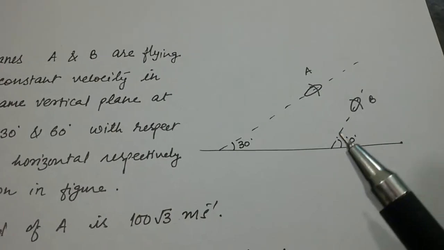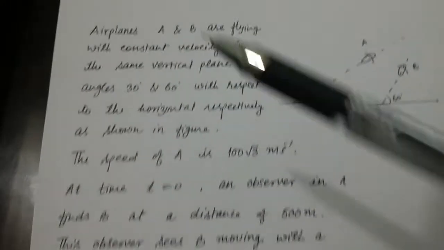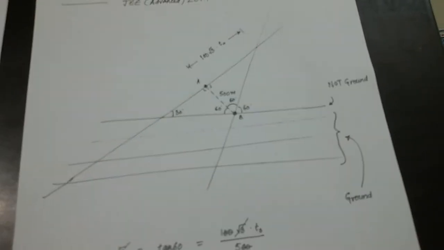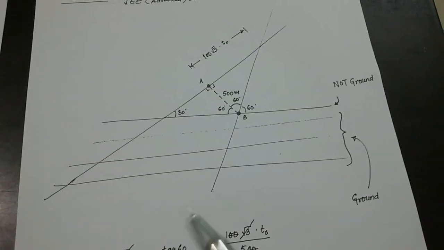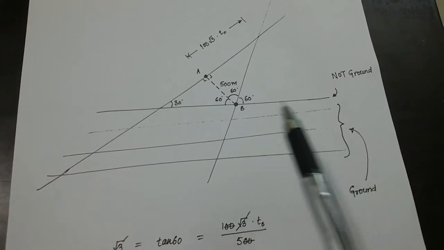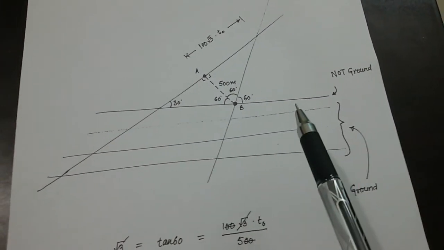Dear students, see, first of all, looking at their figure and comprehending this situation, we have drawn this figure, and in this figure, this line is not the ground. Where is the ground?